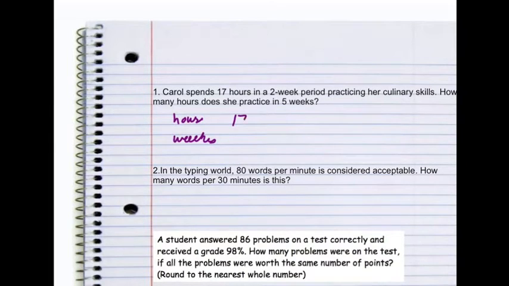So if she's practicing 17 hours for every 2 weeks, there's not really a nice way for me to think about how she would practice in 5 weeks. So what I'm going to do is use the unit rate. I'm going to turn that 17 hours for every 2 weeks into how many hours for every 1 week.